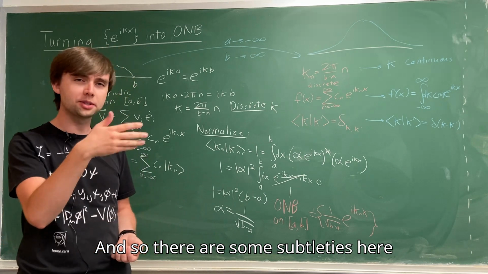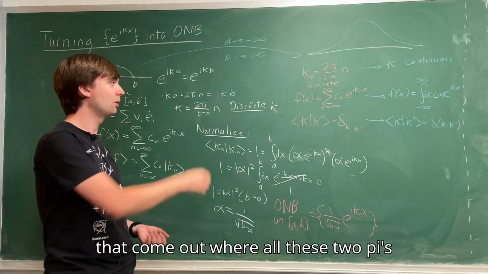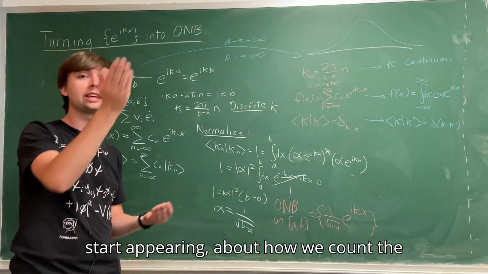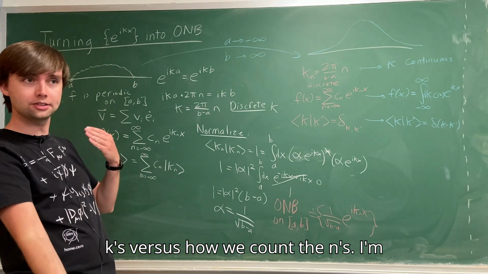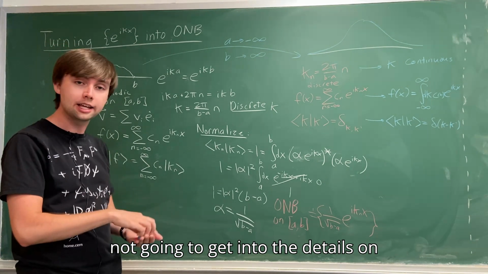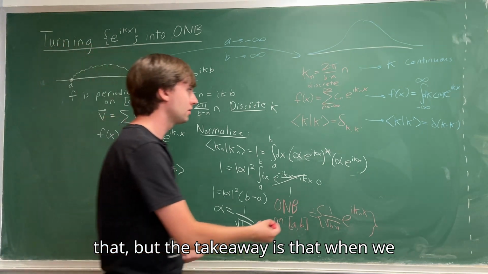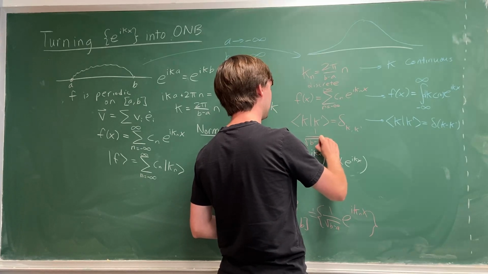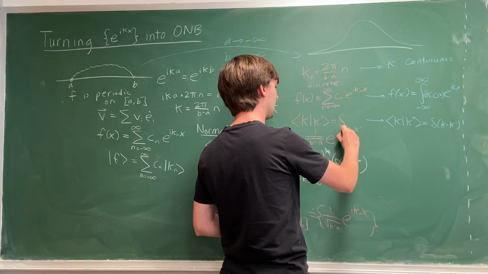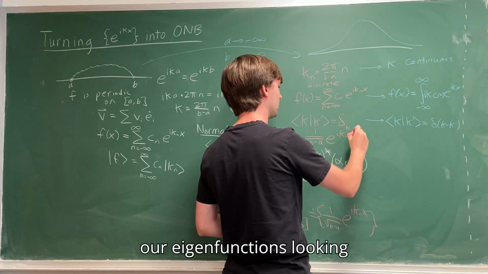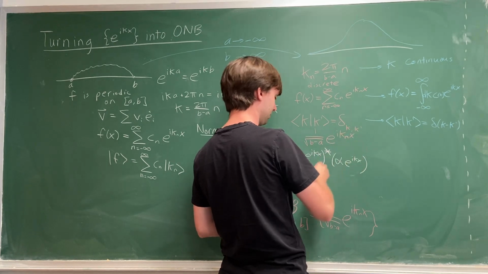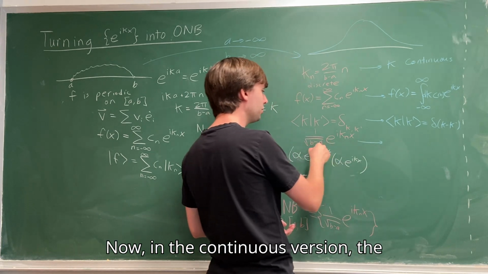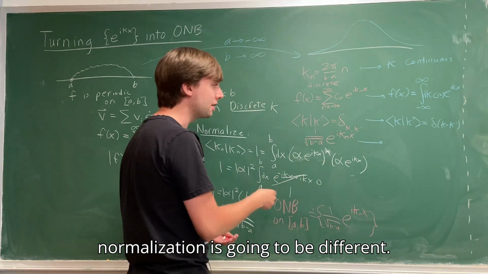And so there are some subtleties here where all these 2 pi's start appearing about how we count the k's versus how we count the n's. I'm not going to get into the details on that, but the takeaway is that when we go from our eigenfunctions looking like this, now in the continuous version, the normalization is going to be different.